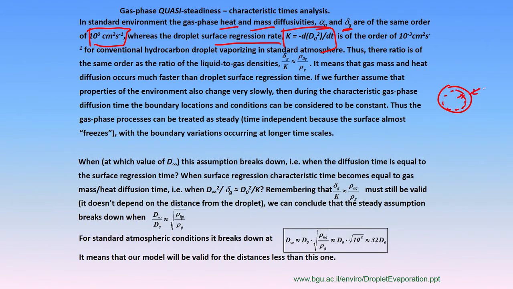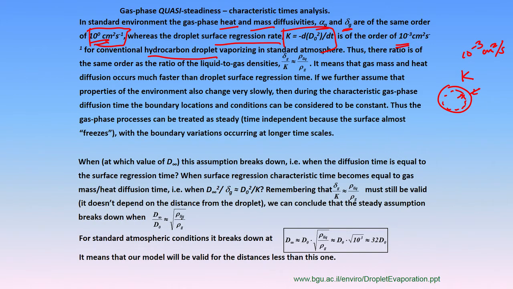So, the rate of this shrinkage is given by k, and it is of the order of 10 to the power of minus 3 centimeter square per second. Okay. So, naturally it is 3 orders slower than the corresponding diffusivities, either the mass or the heat. For conventional, say, hydrocarbon droplets, it is almost of similar order for other droplets as well.